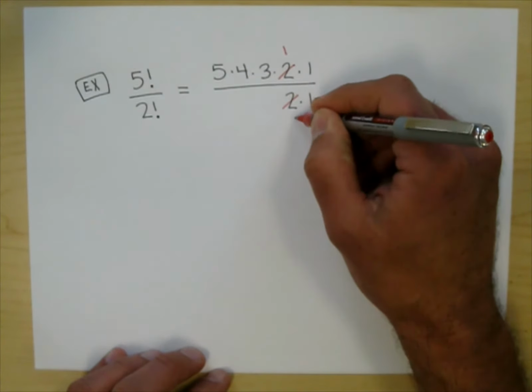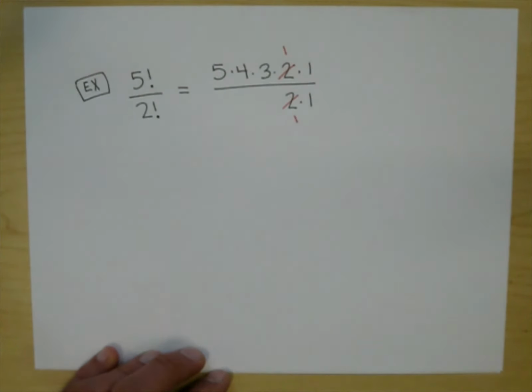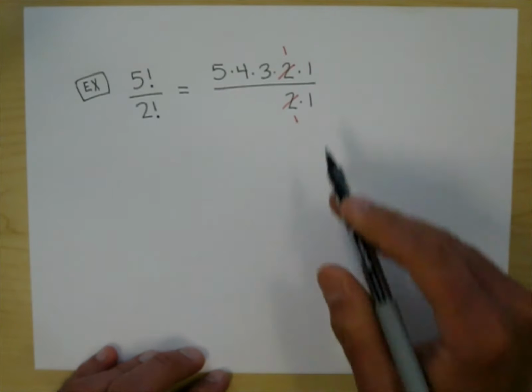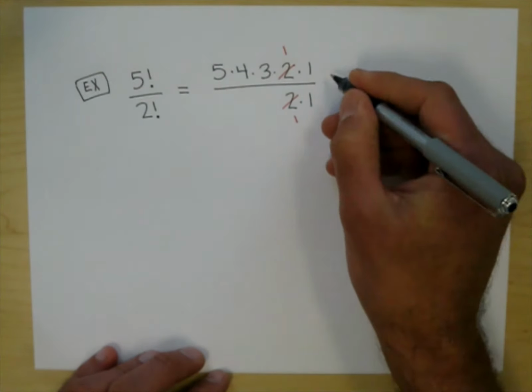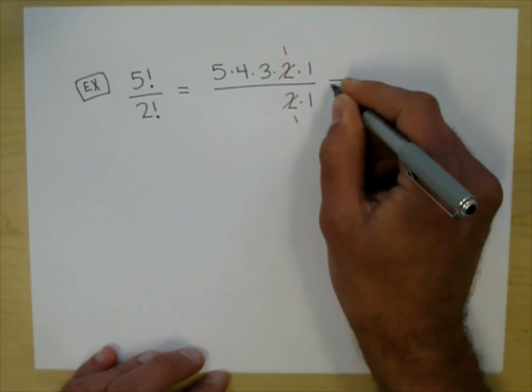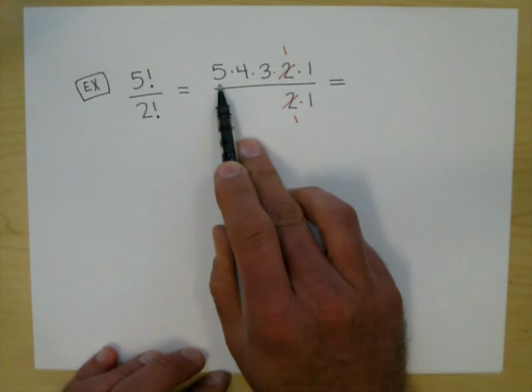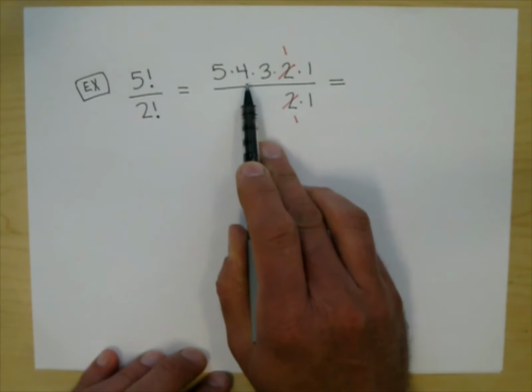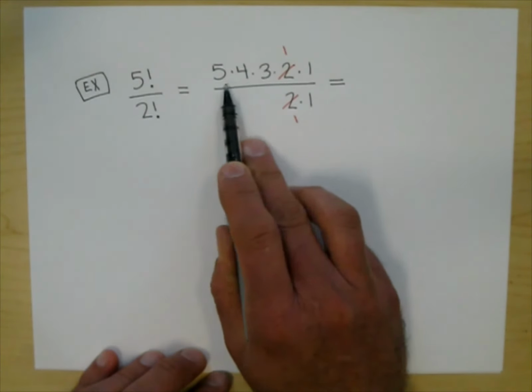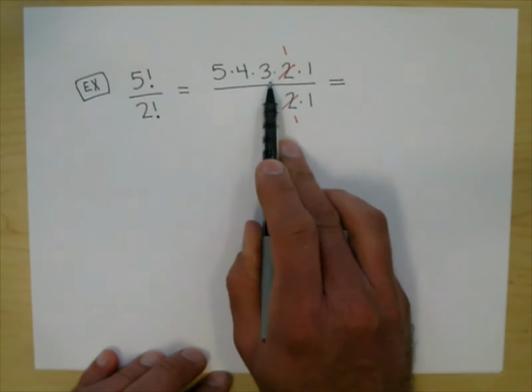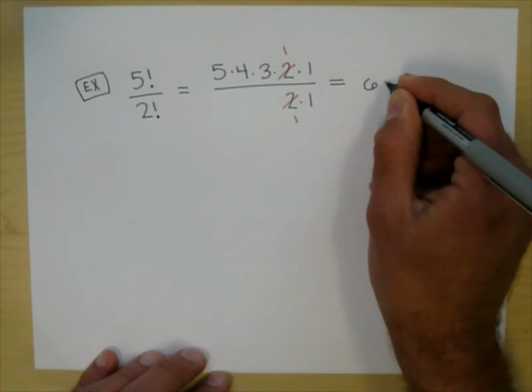So those just become 1's there. We just have 1's on the bottom. We have 5 times 4 times 3. So 5 times 4 is 20. Times 3 is 60.